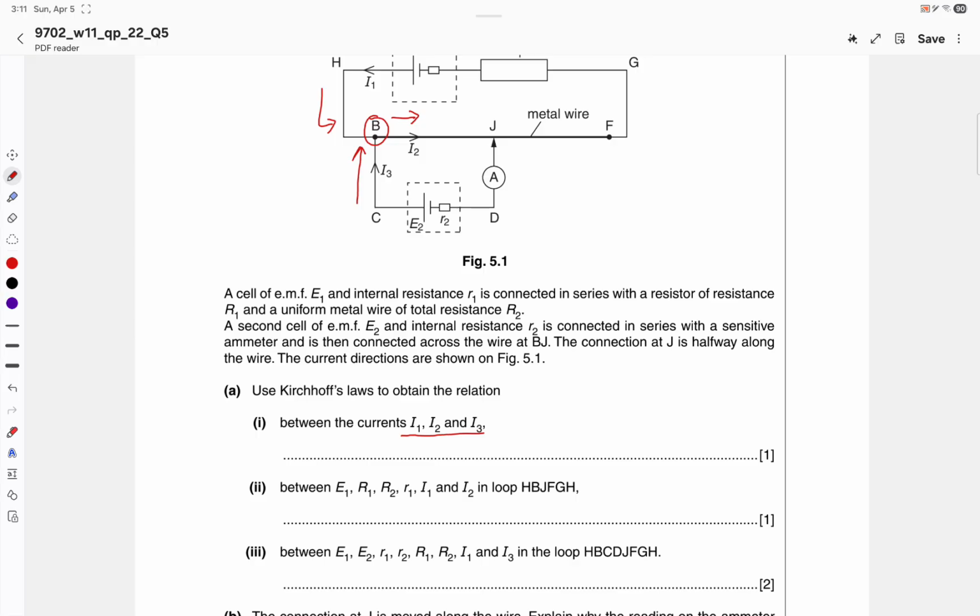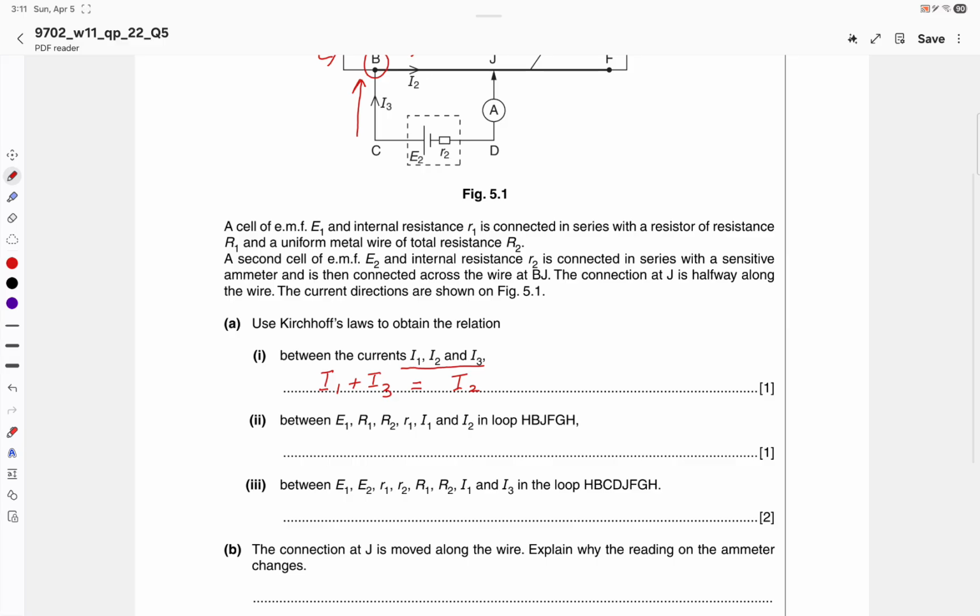So I1 and I3 are coming towards B, so the sum of I1 and I3 must equal I2.